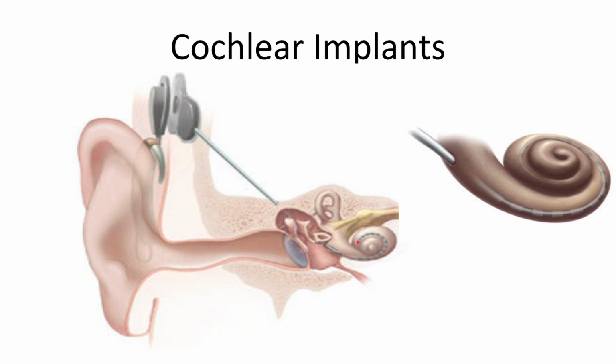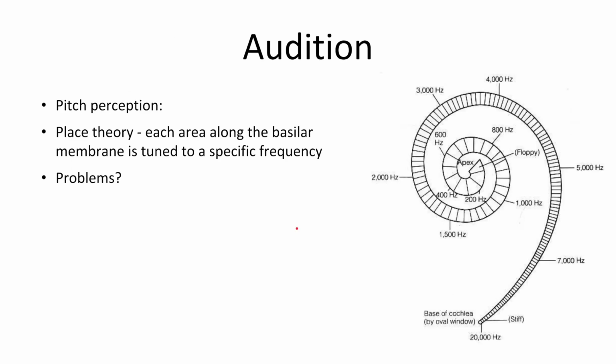Now, the reason that we're able to do things like this with the cochlear implant is that it's understood that the cochlea conveys information about frequency in part by which part of it becomes stimulated. So there's a theory about audio perception known as place theory, and that is based on the idea that each area along the basilar membrane is tuned to a specific frequency.